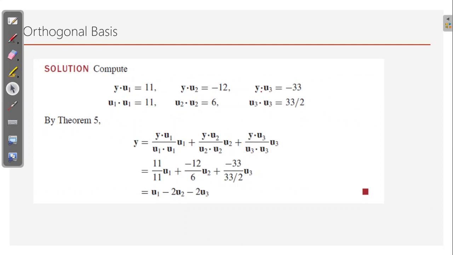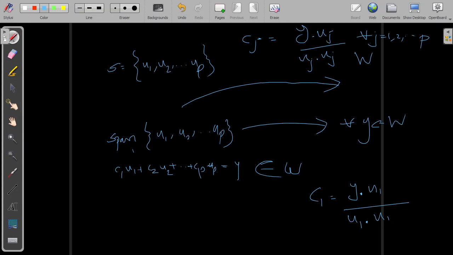You apply the basic formula, cj equal to y dot uj divided by uj dot uj, for j equal to 1, 2, and 3.